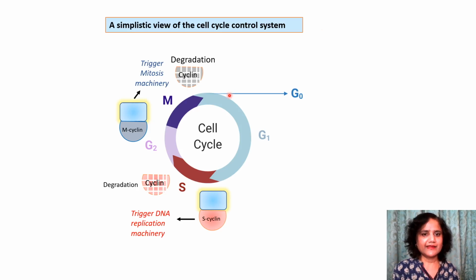The M CDK is degraded again at the end of M by APC mediated ubiquitination, and now the M CDK is no longer active. The cells then divide and they enter G1, and now they can go through another round of the cell cycle.